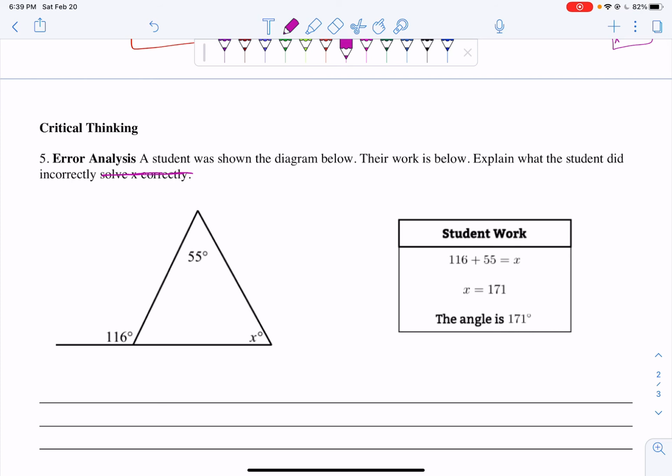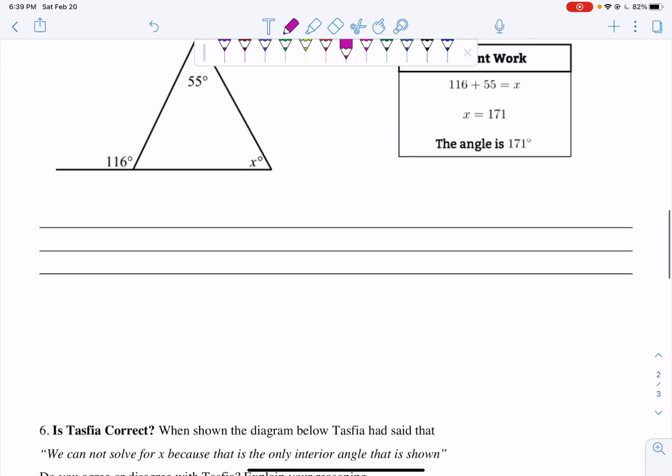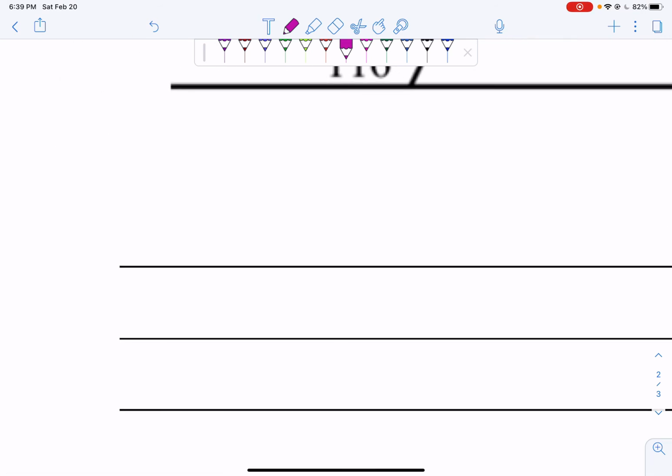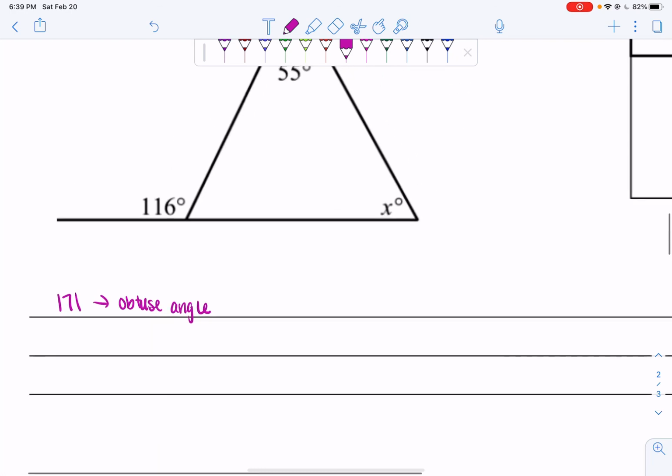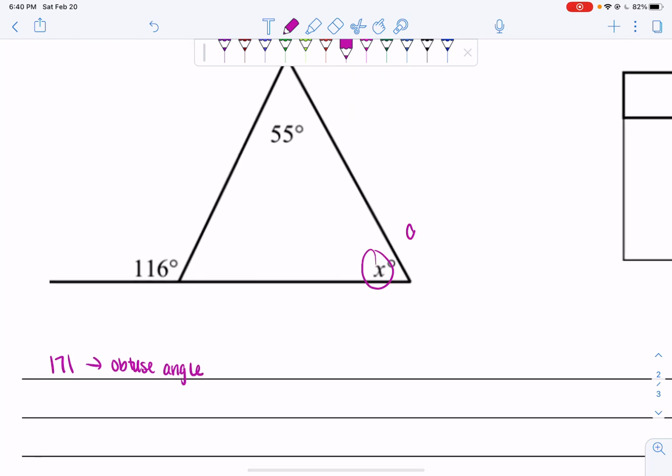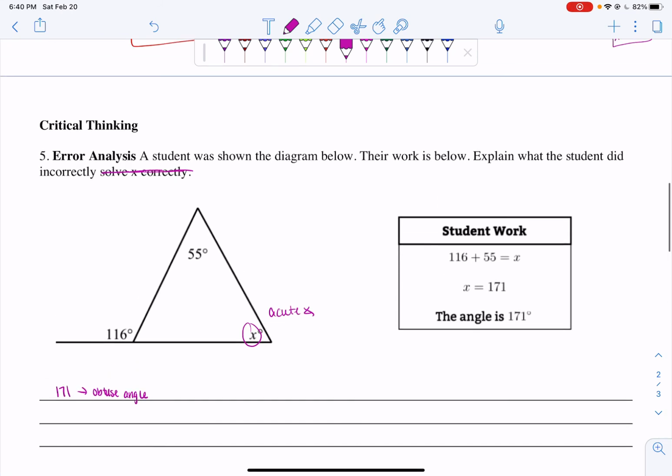Well, we know 171 is an obtuse angle. And if we look at our visual, this is an acute angle. So we already know that's wrong. But if we look, 116 is on the exterior. Our interior angles are 55 and x. So what our equation should be is 55 plus x equals 116.